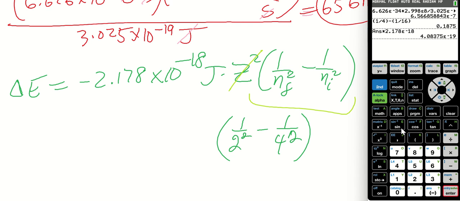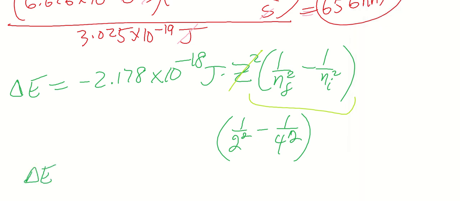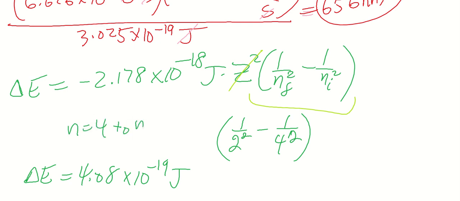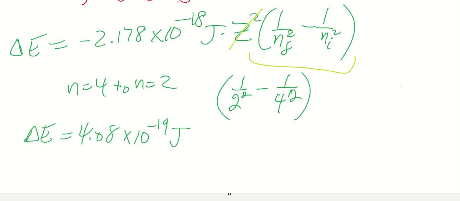So there's my energy, 4.08 times 10 to the negative 19 joules is the energy associated with that transition, N equals 4 to N equals 2, which is the one that produces the green light, which is why I'm using the green marker.